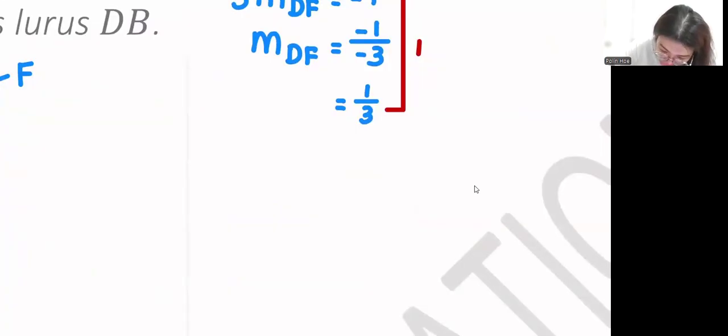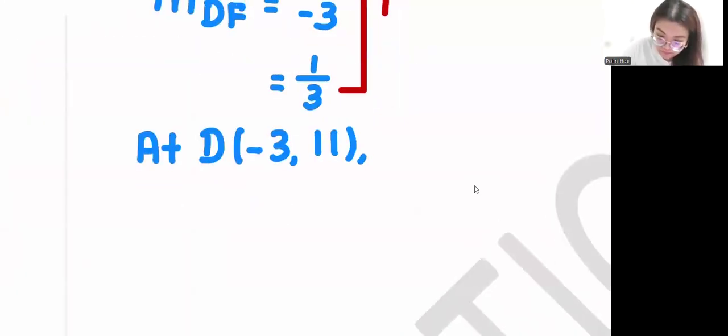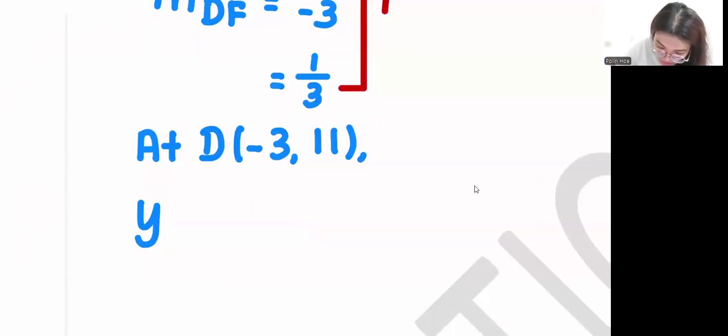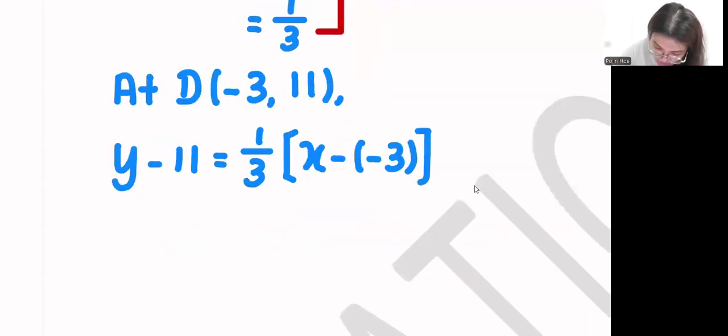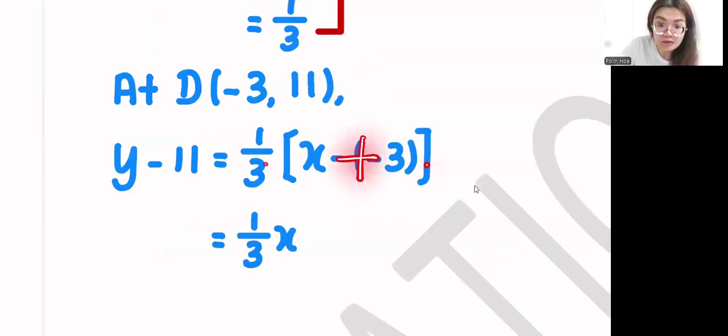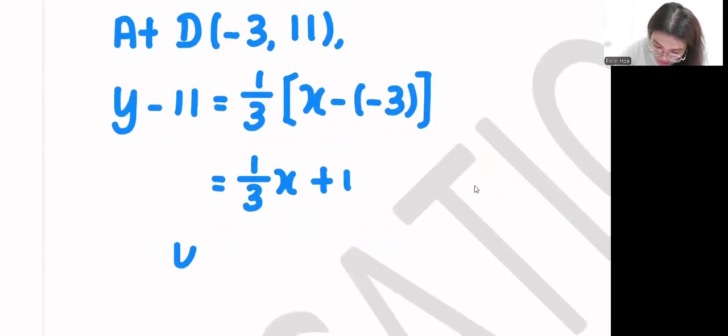At point D, -3 and 11. Y minus y1 equals to gradient. 小心你的 bracket. X minus x1. 你拆开它 1 over 3x. 这是 plus 来的哈 1 over 3 multiplied by 3 是1. So you have y is equals to 1 over 3x plus 12.